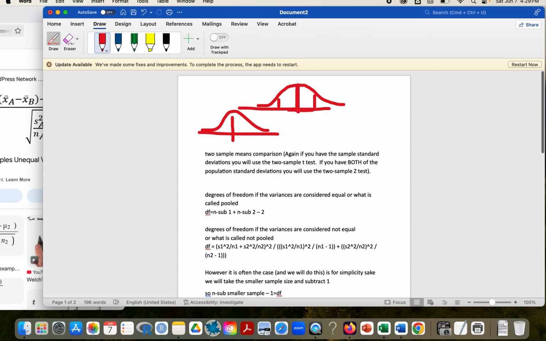Notice this mean is not inside the two standard deviations generated by this distribution, and this mean is not inside the two standard deviations of this distribution. Then they clearly are statistically different in that case. So we have this defining line created by a critical value that says if they're far enough apart or not. And so that's what we're working to get to.